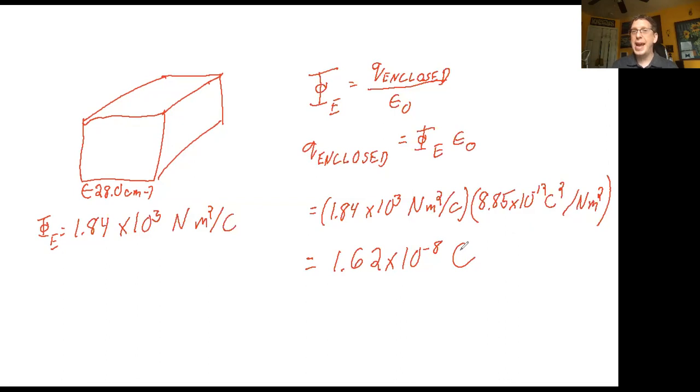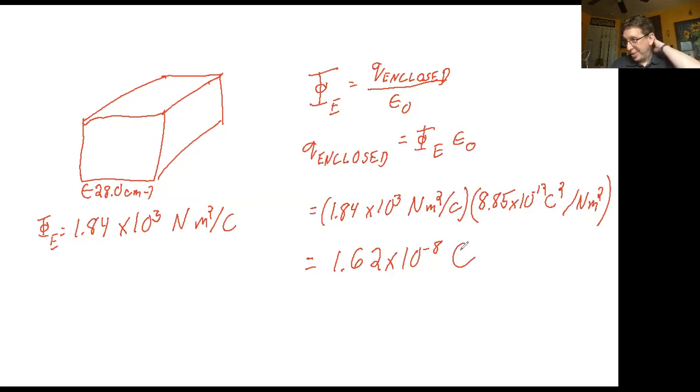It could be any one of a number of different things that gives that net charge within the cube, and the electric flux through the surface will be exactly the same value in all those cases, provided the enclosed charge is the same. So that's part of the power of Gauss's law.